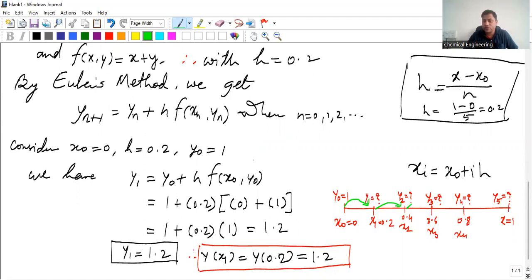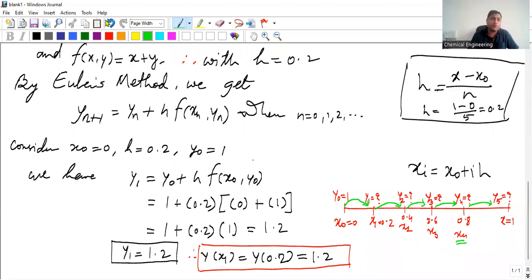When we have x2 and y2, we are able to calculate y3. When we have x3 and y3, we are able to calculate y4. And when we have x4 and y4, we are able to calculate y5. So actually we have to use up to x4.